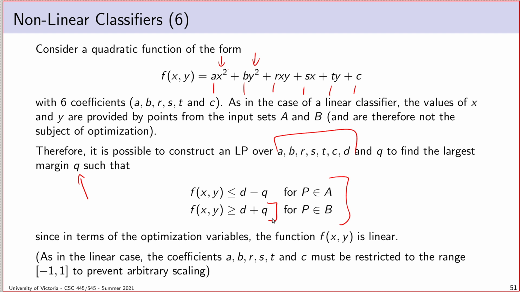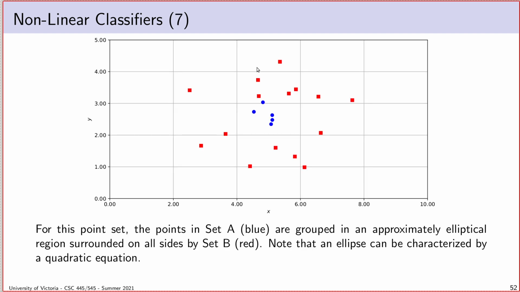And notice that if I do that, all of the things I'm looking for, the coefficients a, b, r, s, t, and c, those themselves are actually a linear combination. They're a linear function where they're being multiplied by these constants. And so although I'm working with a nonlinear function, I'm not working with it in a nonlinear way.